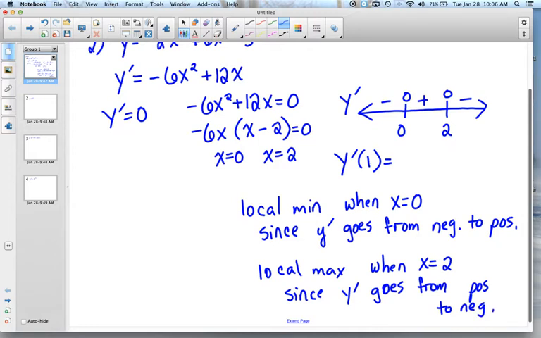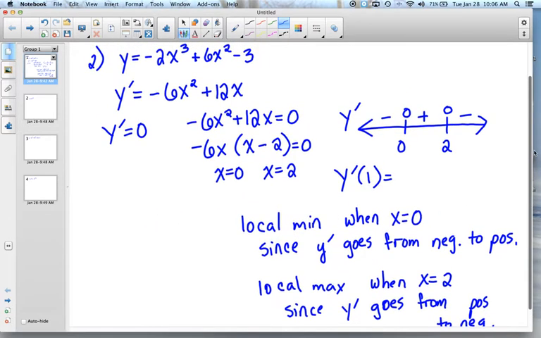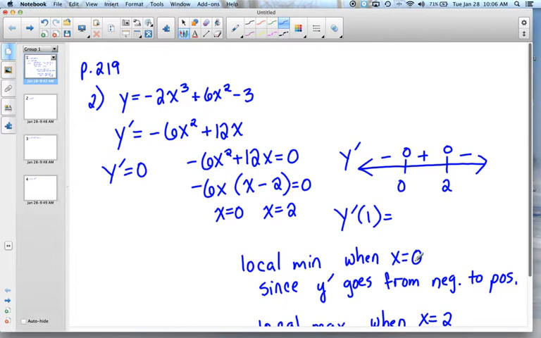Now, that's not what the values are. If I said, what is the local min, you have to take that value and substitute it back into your original function. So the actual minimum value, if you plug a 0 into your original function, you'll get a negative 3.